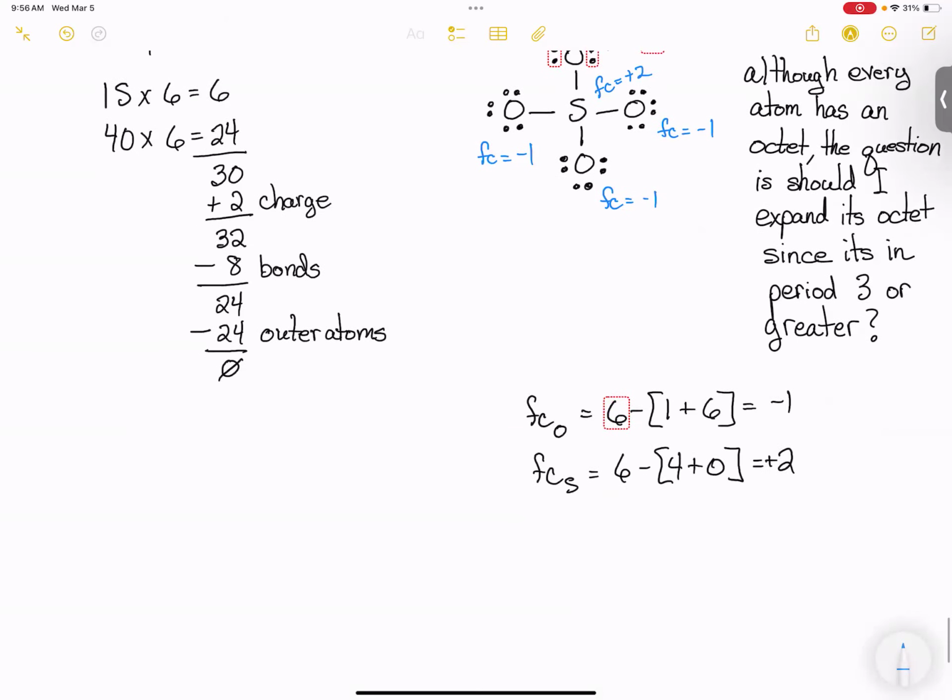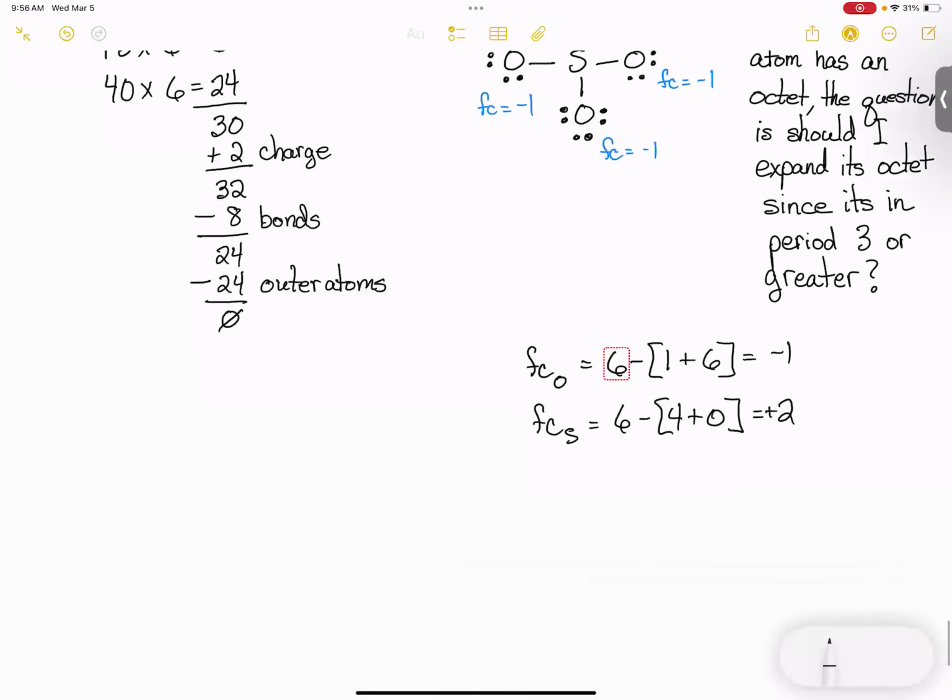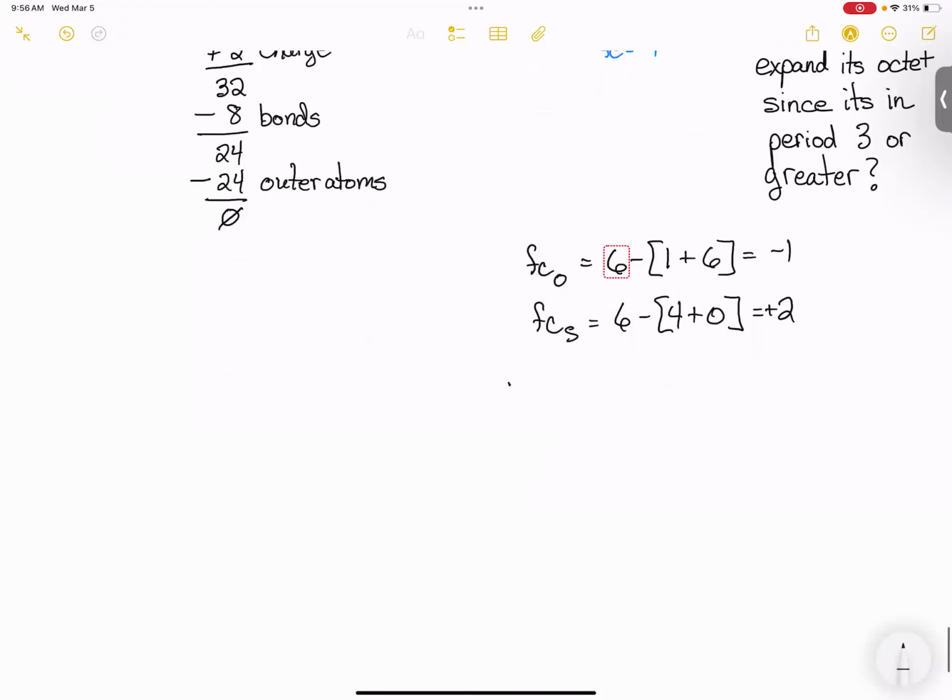So what we can say is that the absolute value of formal charge equals 6. That's a lot of formal charge.